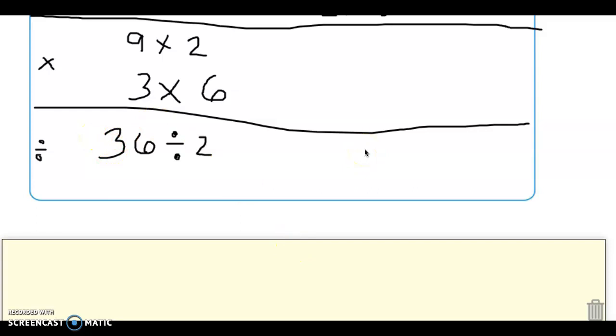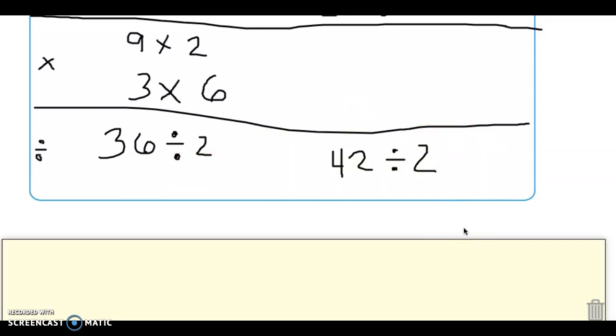That would be our answer. Amazing. What if I also wanted to go above and beyond, just like I know some of you do, pushing ourselves to be the best? 42 divided by 2. And I know I couldn't stop there because if 36 divided by 2 was 18, there is no way 42 divided by 2 is 18.